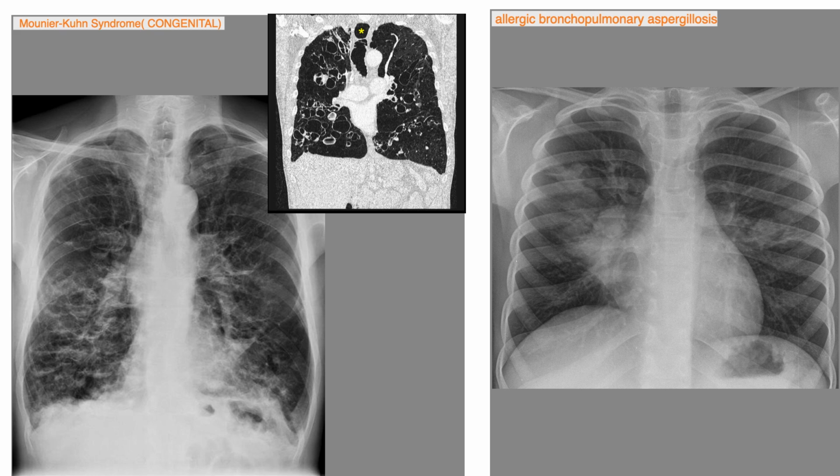And in addition, there is perihilar consolidation on the left. This patient is predisposed to allergic bronchopulmonary aspergillosis.